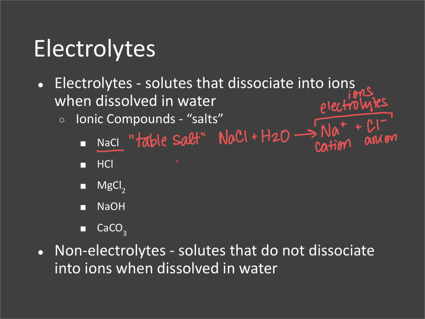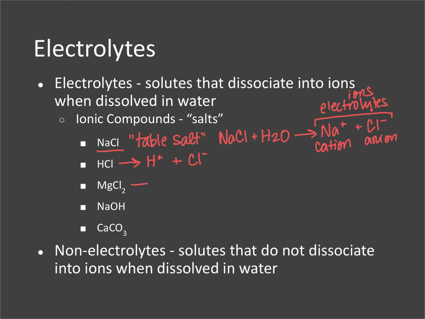But table salt is not the only example of a salt. Things like hydrochloric acid are also considered a salt. Hydrochloric acid, when dissolved in water, dissociates into hydrogen ions and chloride ions.